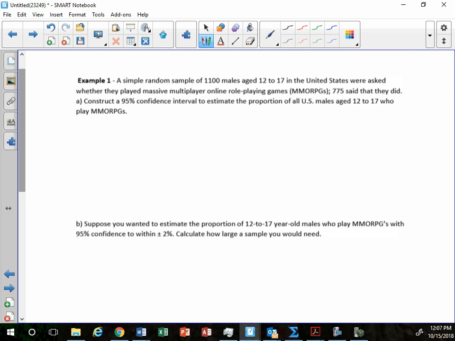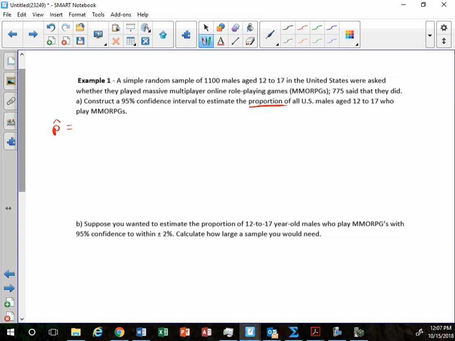First, is it a means or proportion problem? Proportion, right? Good job, guys. We're going to start by writing out some things that we know. We don't know p, right? We don't know the entire population. All we have is our sample, correct? So that means we know p hat. What is p hat?